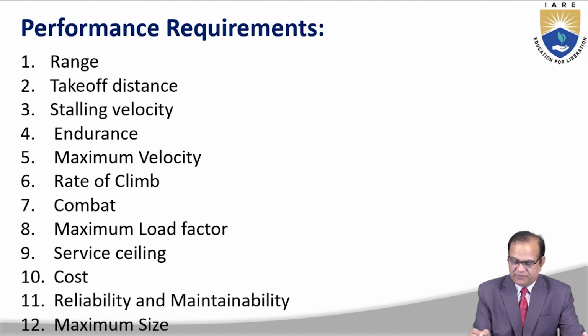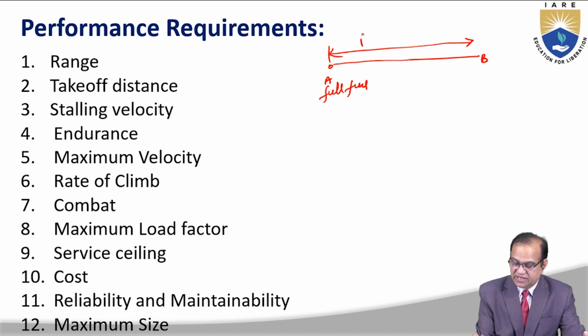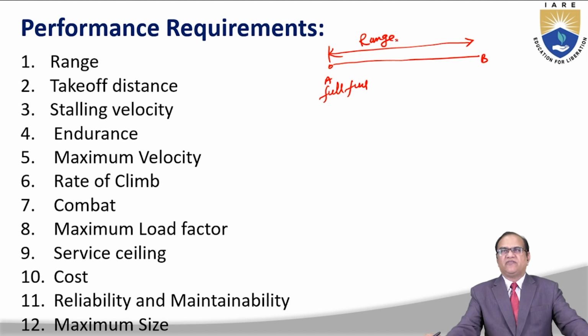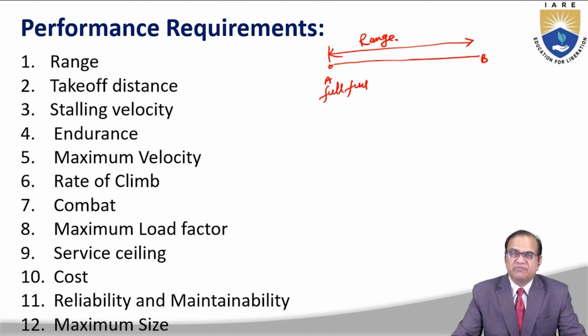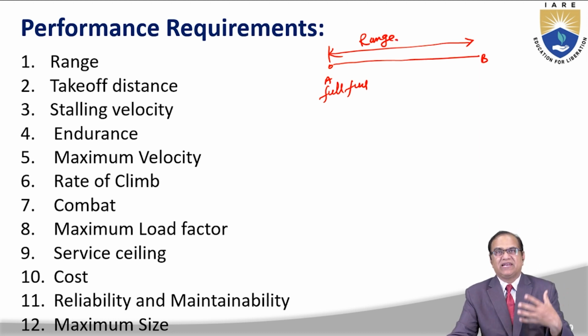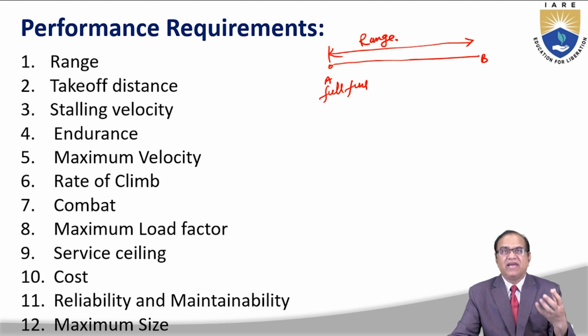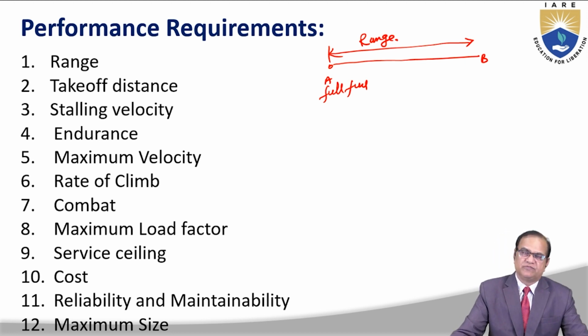If the aircraft is moving from A with full fuel, and it can go at most up to B, then this distance from here to here is called the range. So we can define range as the maximum distance which an airplane can cover with a given full amount of fuel.